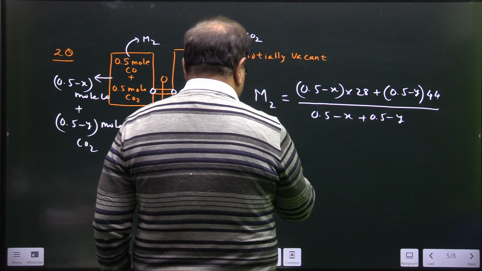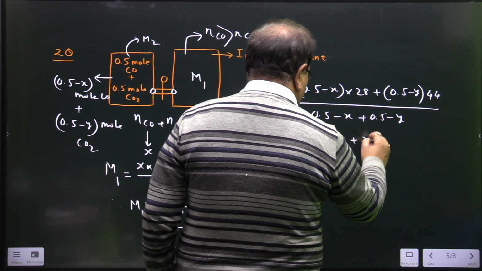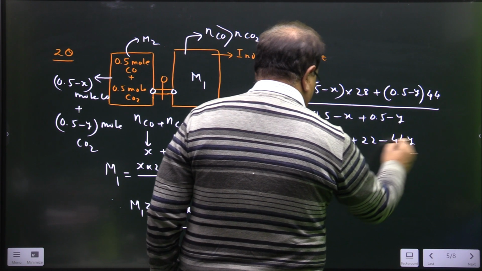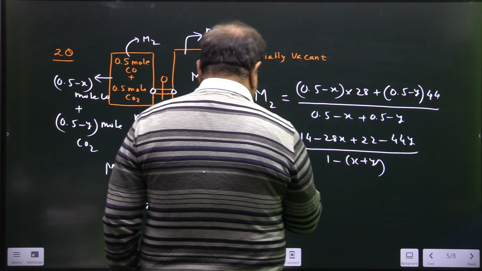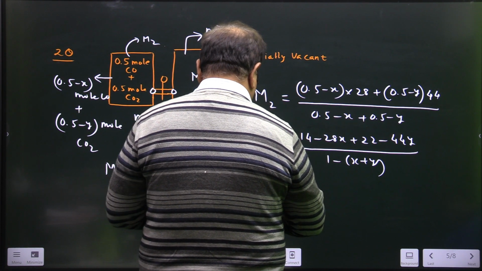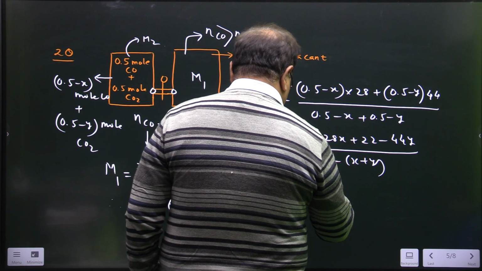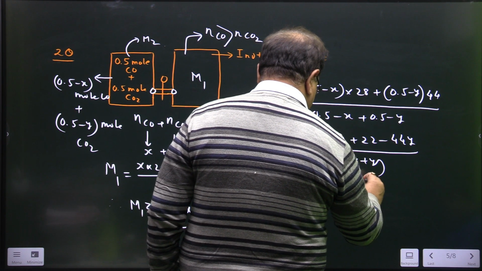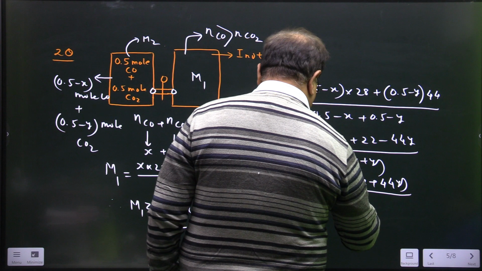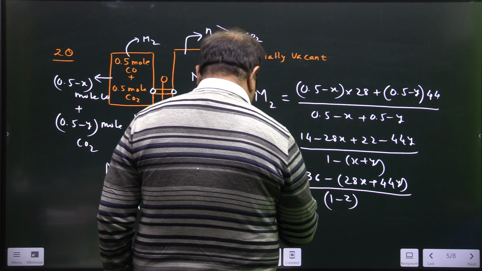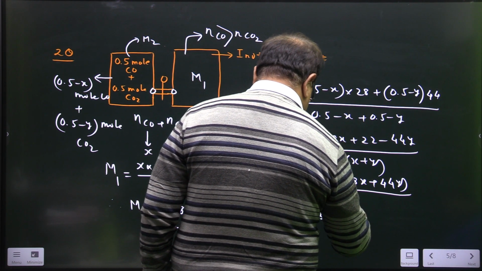This M2 is equal to 14 minus 28X plus 22 minus 44Y, whole divided by 1 minus X plus Y. This M2 is equal to, now this M2 is equal to 36 minus 28X plus 44Y, whole divided by 1 minus Z. Now M2 into 1 minus Z is equal to 36 minus M1Z.